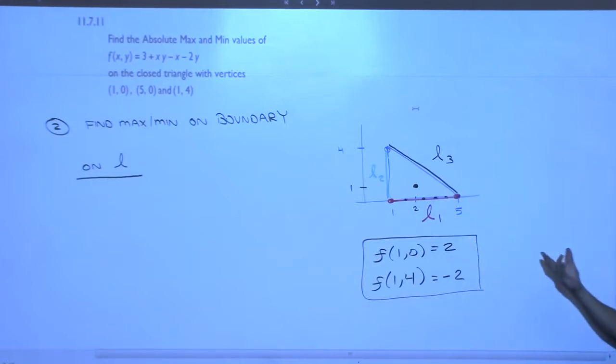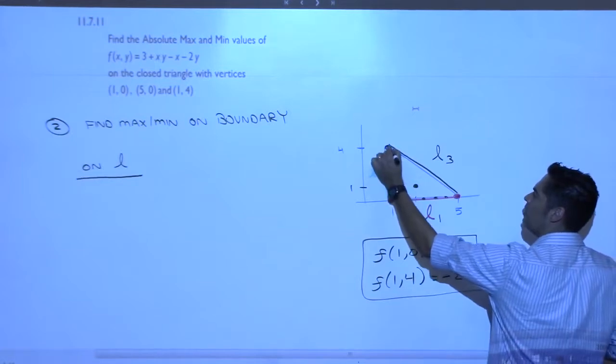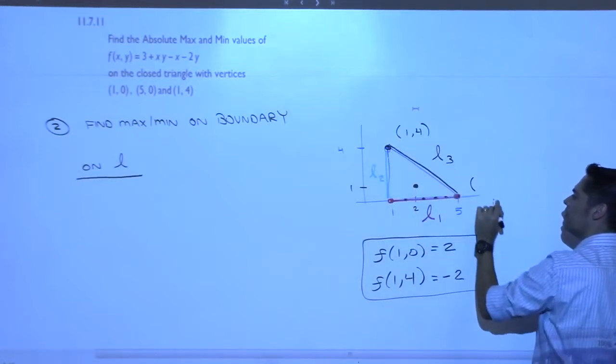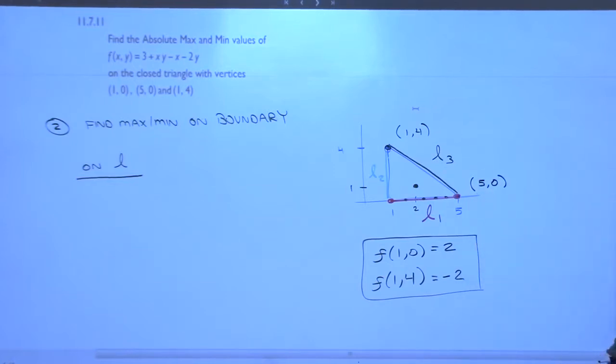So how do you think we're going to find the relationship? Find the equation of the line, right? That's a line. Find the equation of a line. Well, what do I know so far? I have one point here, which is (1, 4), and I have another point over here, which is (5, 0), and someone in college algebra told me once that to find the slope between two points, it's y2 minus y1 over x2 minus x1, right?